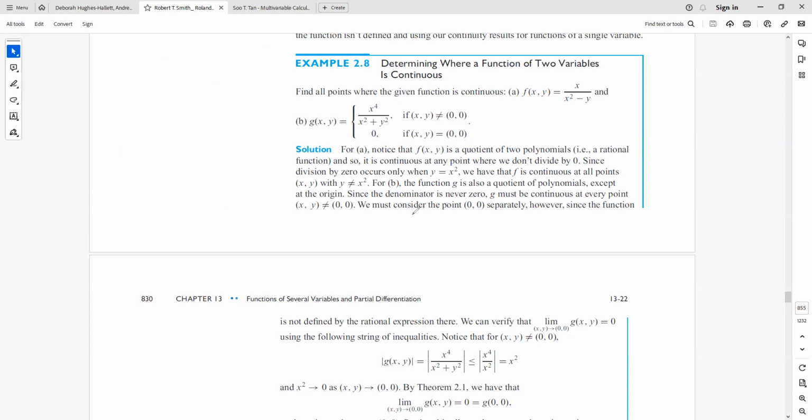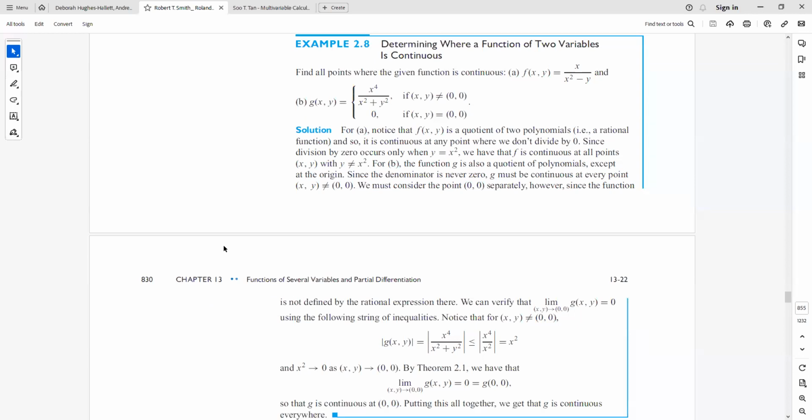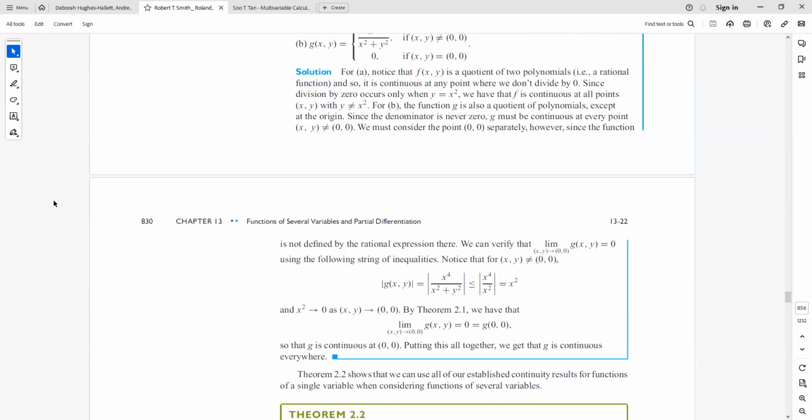Now once this is established, what we need to do next, look here, they have done the same way. We get x squared here, we apply the limit, we get 0, which satisfies the function. So we say that the limit as x comma y goes to 0 comma 0 is in fact 0, right?